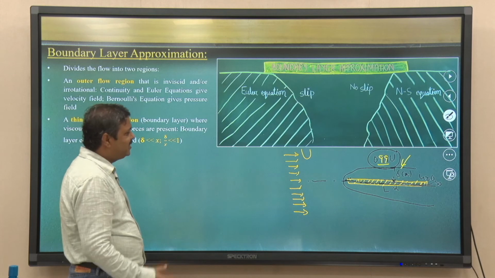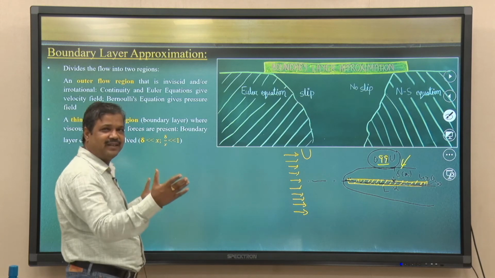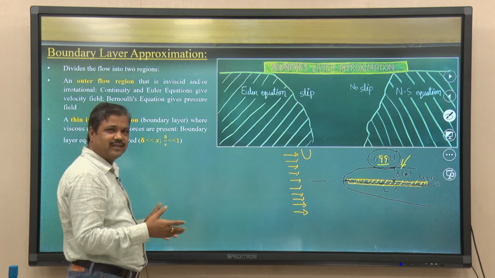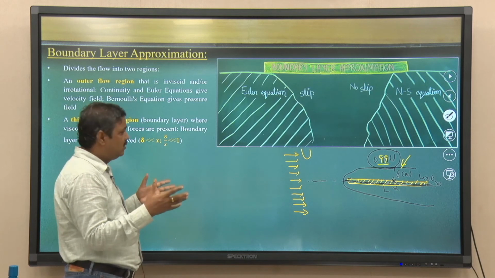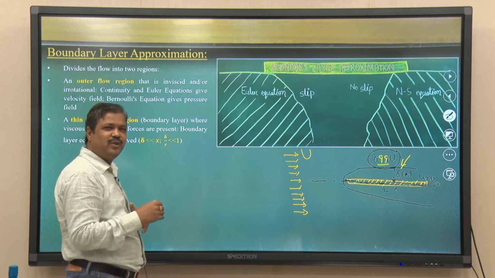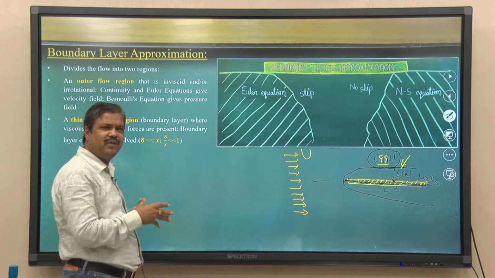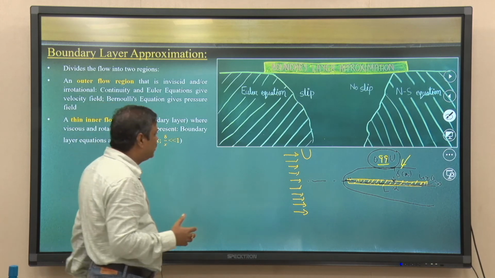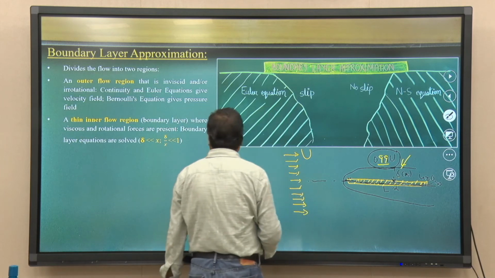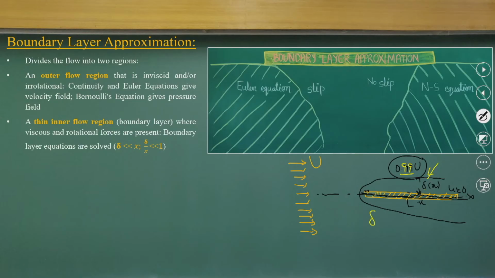One thing to note: the plate length could be meters, but the boundary layer thickness, again I repeat, is very thin, at centimeter level. So what is the condition? Delta by x, the thickness of the boundary layer, will be much less than the x value, and delta by x is usually much less than 1.